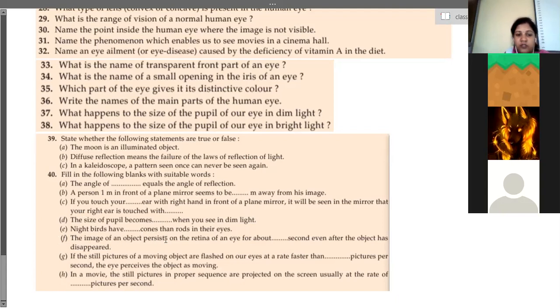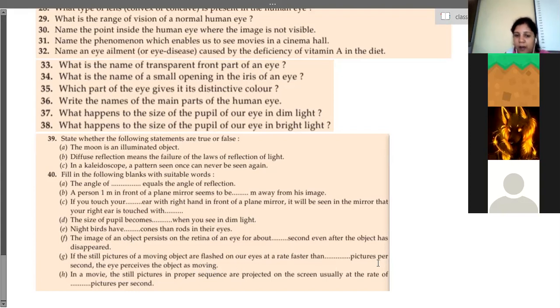The image of the object persists on the retina of an eye for about dash second. 1/16th. If the still pictures of a moving object are flashed on your eyes at a rate faster than dash pictures per second, the eye perceives the object as moving.